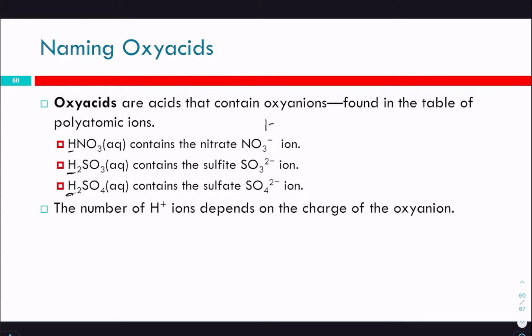Sulfite has a 2- charge, so it has 2 hydrogens. Sulfate also has a 2- charge, has 2 hydrogens, because each hydrogen ion has a 1+ charge. And then we even have H3PO4, which is, well, PO4 3- is phosphate.